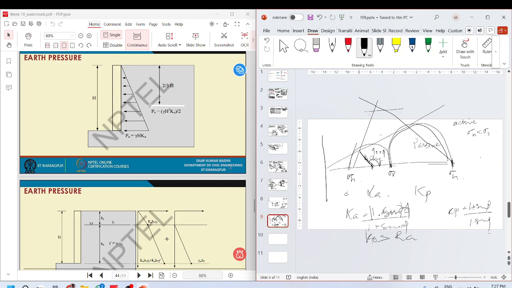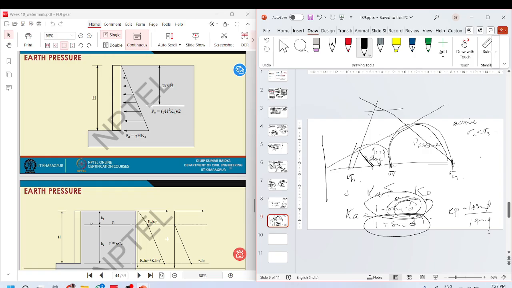1 minus sine phi over 1 plus sine phi. Basically, this will always be less than 1. So your value here will be between 0 and 1, and thus this itself will always be less than 1, and this will be greater than 1.